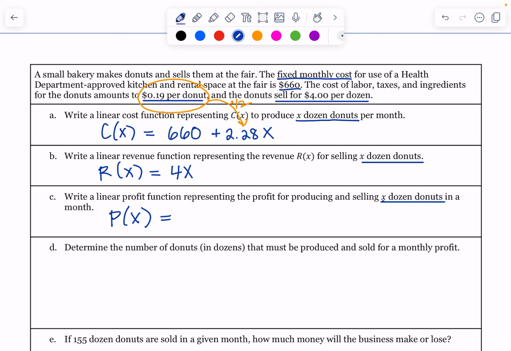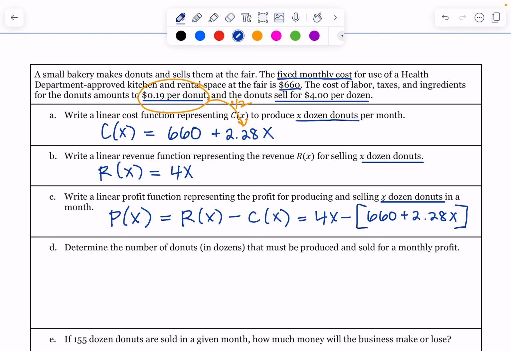So the positive part would be the 4x, and then each month we have to subtract. Well, here, let's show our work a little bit better. For profit, we're going to take our revenue minus the cost every month. So that would be 4x minus, and then the whole cost function would be 660 plus 2.28x.